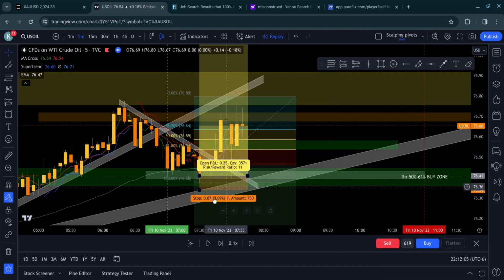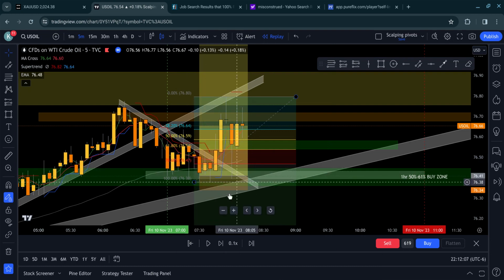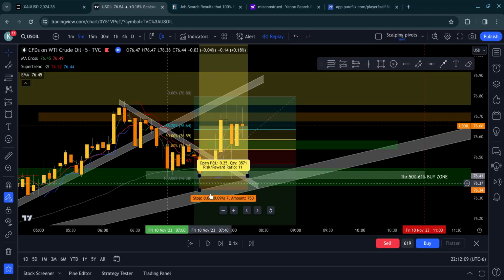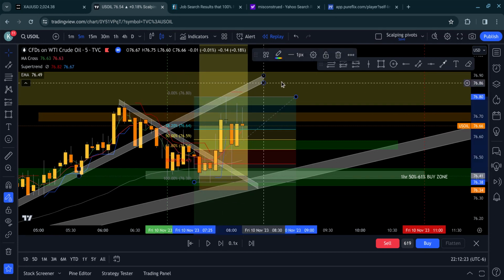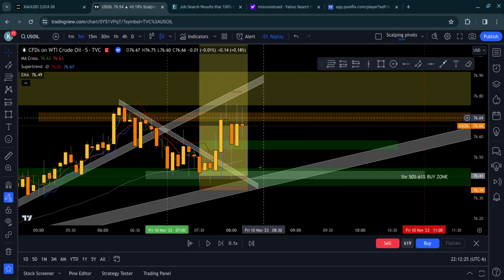It tapped kind of past that, kind of did give 100%, almost 100%, which is fine. Give me 1 second. So it kind of did give that 100% retracement. But this is that second zone.